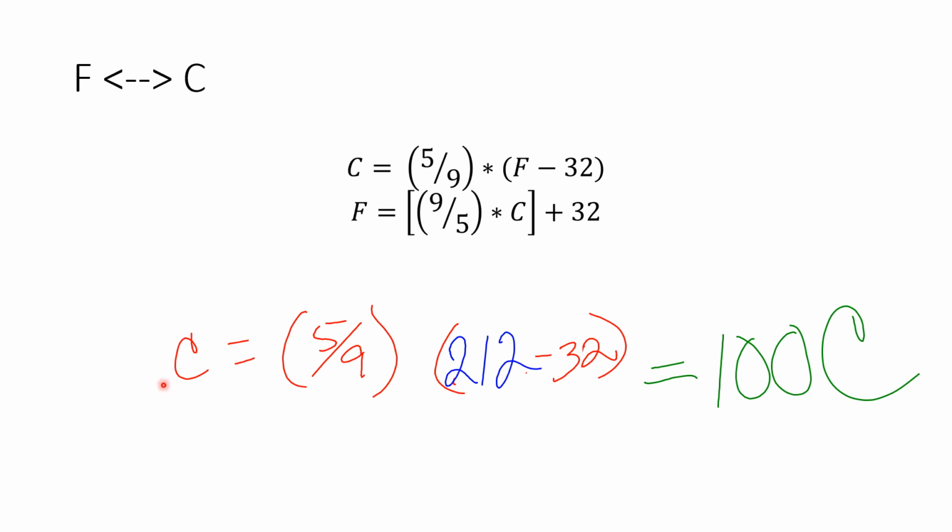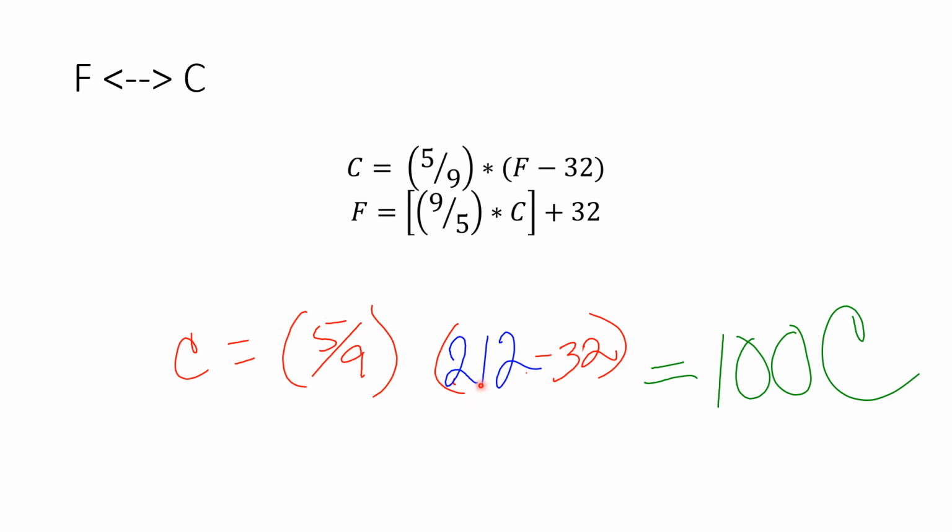And here's what I do. I know I've got 9/5 or 5/9, right? So I've got C, well, 5/9. Let's say I'm converting something other than 212.